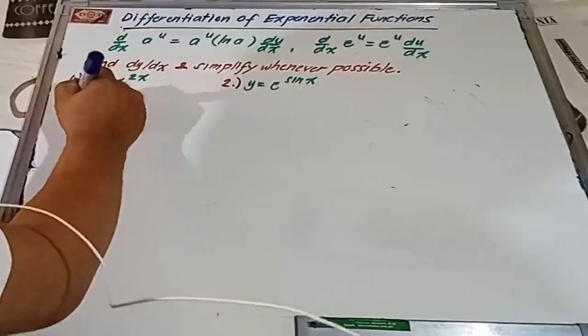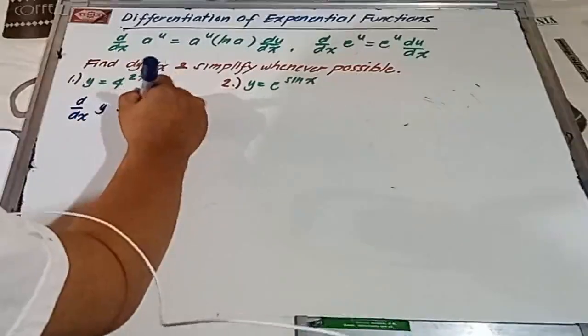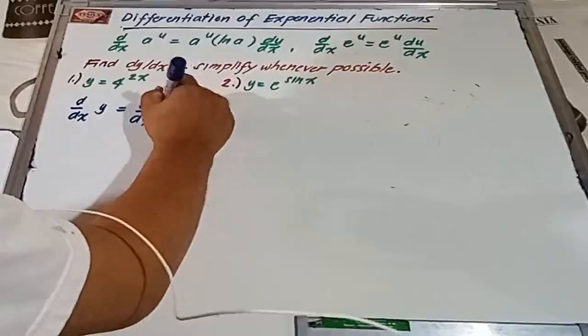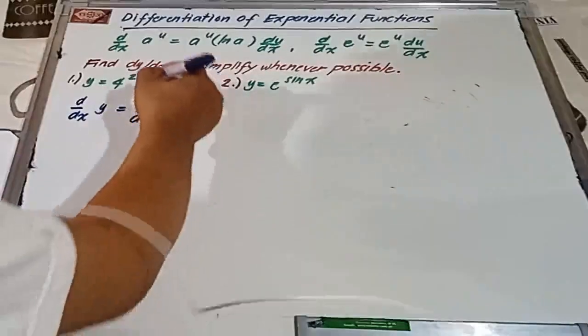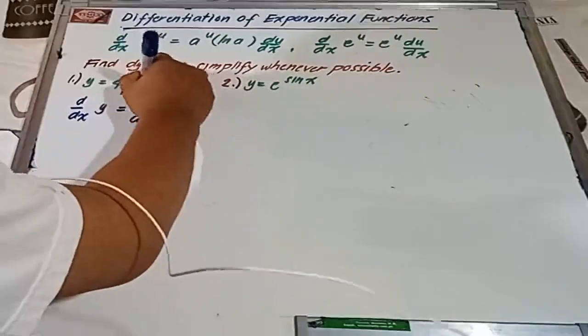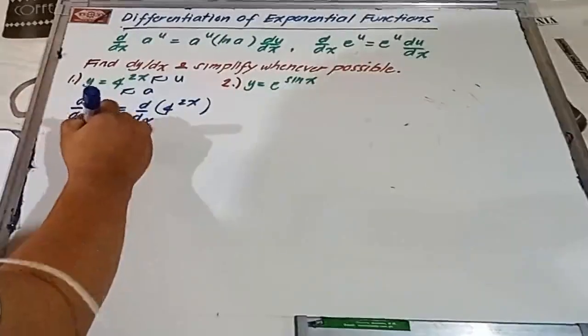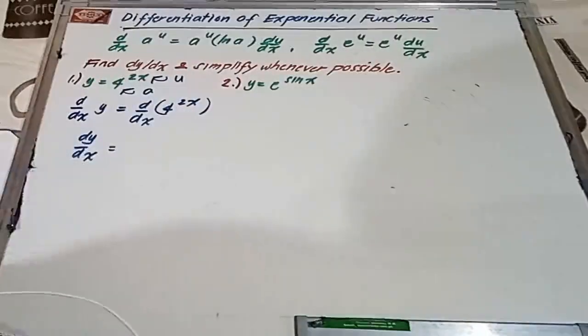So, we have d over dx of y equal to d over dx of 4 raised to 2x. Okay. Again, ang ating u is 2x, ang ating a ay 4. Okay? So, therefore, dy over dx dito sa left side, at yun ang hinahanap natin.